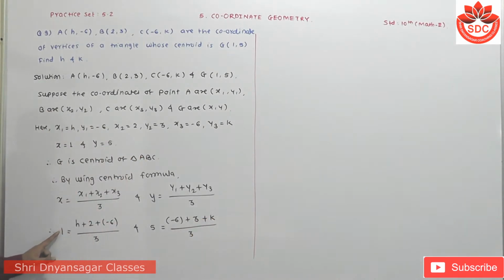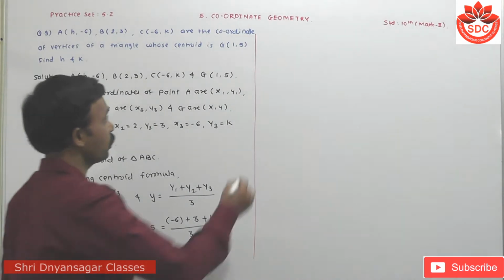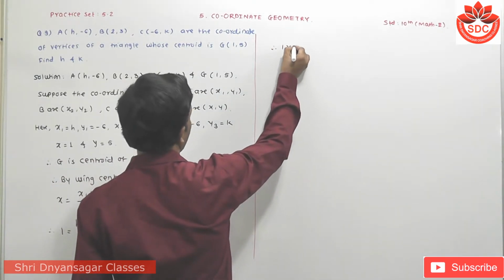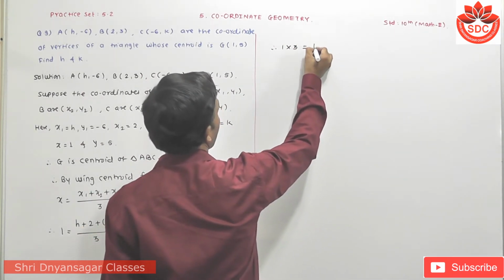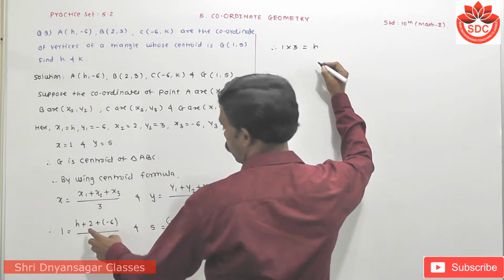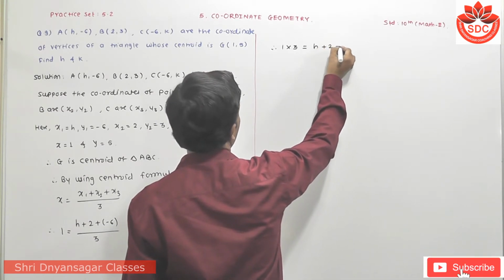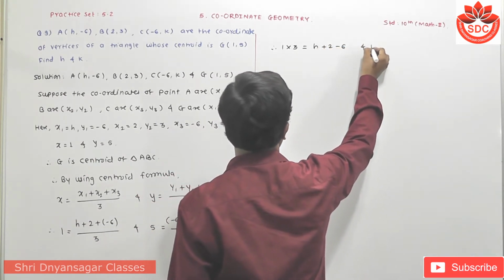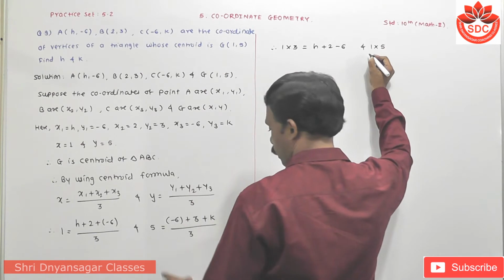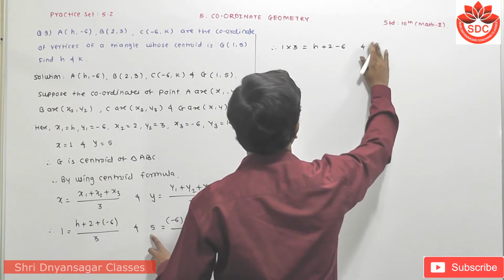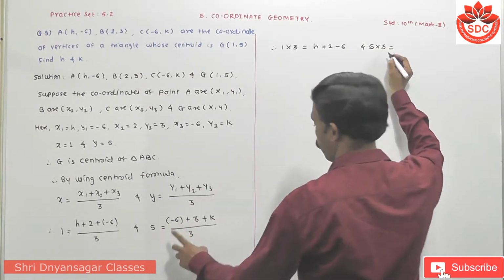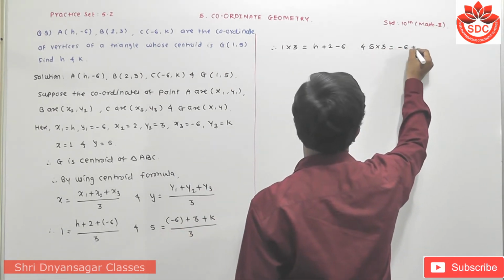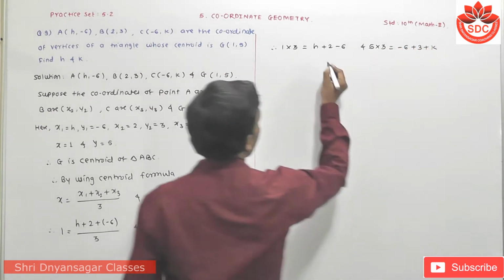Next step, this 3 goes to the numerator, this 3 also goes to the numerator. Therefore, 1 into 3 is equal to h + 2 - 6, and 5 into 3 is equal to -6 + 3 + k.